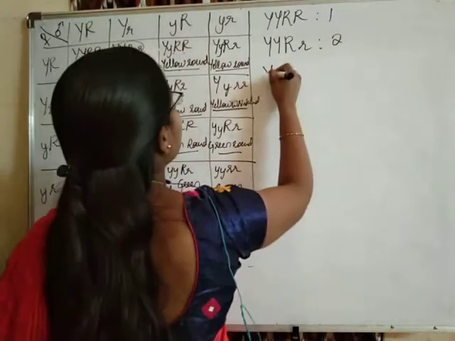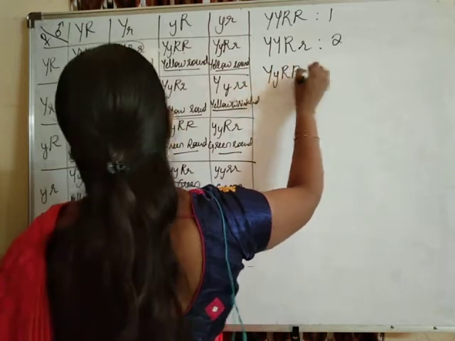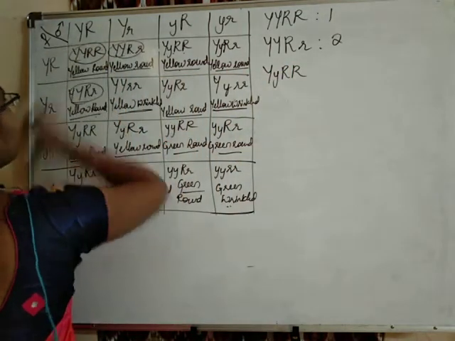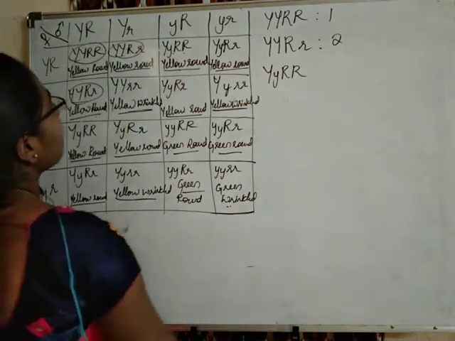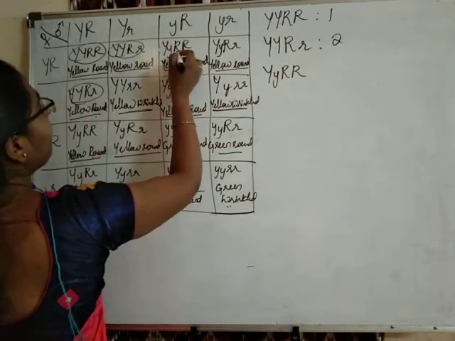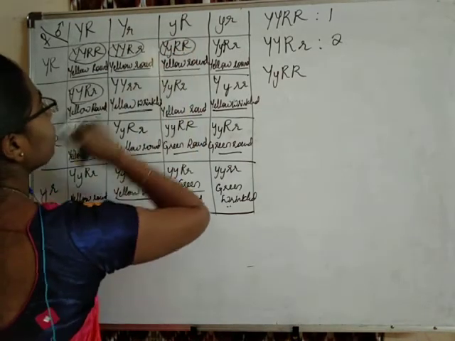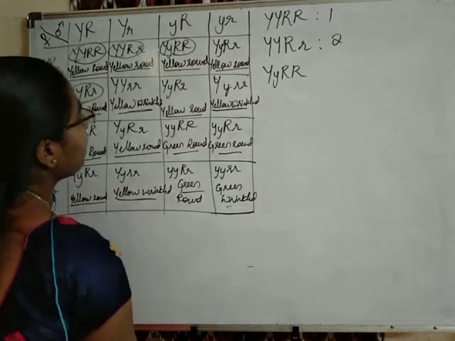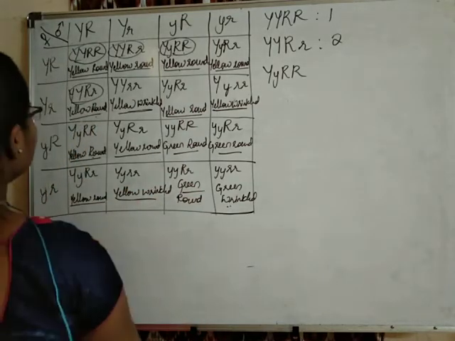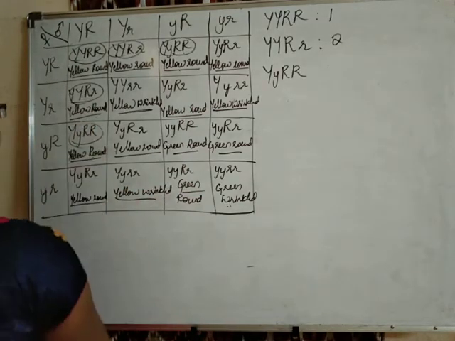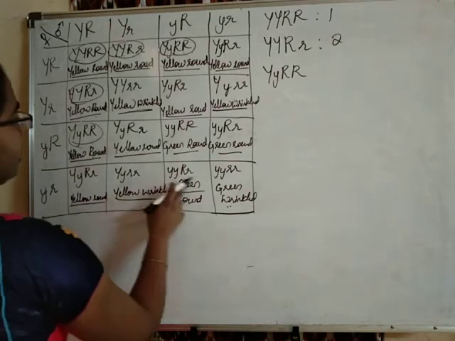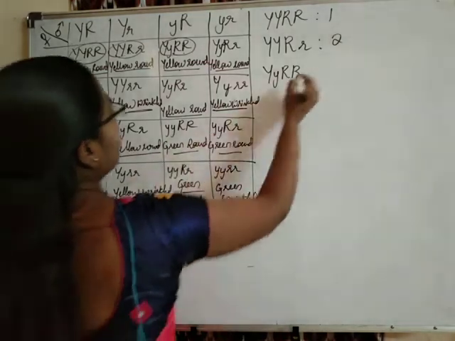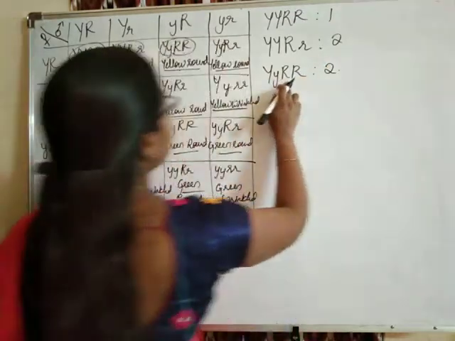Okay. Now let us see capital Y small y capital R capital R. Whatever we have finished, we will circle it. Capital Y small y capital R capital R, 1 and 2. Anything else? No. So we have found 2.